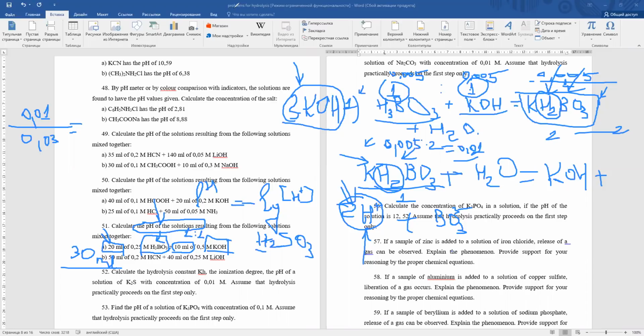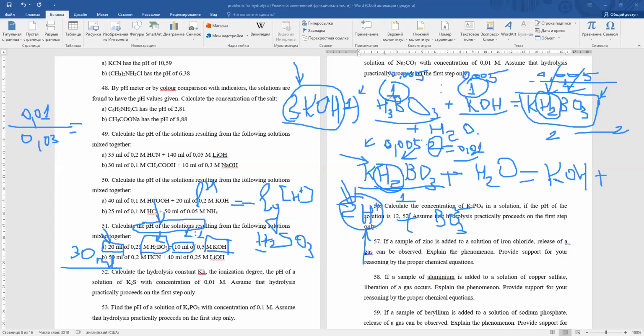Why are you multiplying? We've already multiplied these two. Yes, but that was before, when you explained, we first divided 0.005 by 0.03, the total volume, and then after that we'll multiply it by 2.